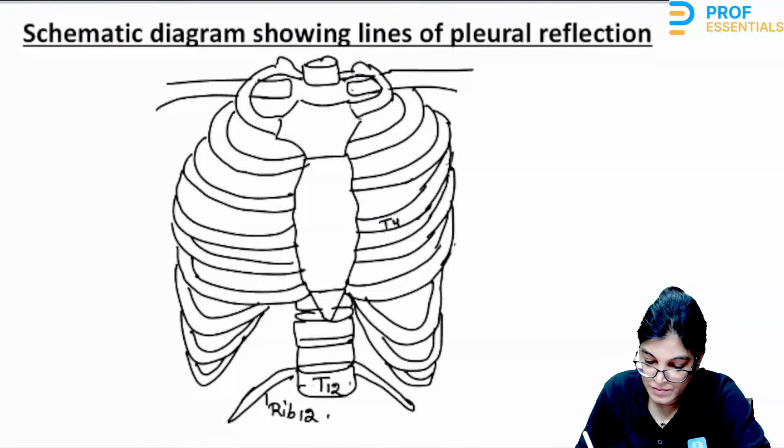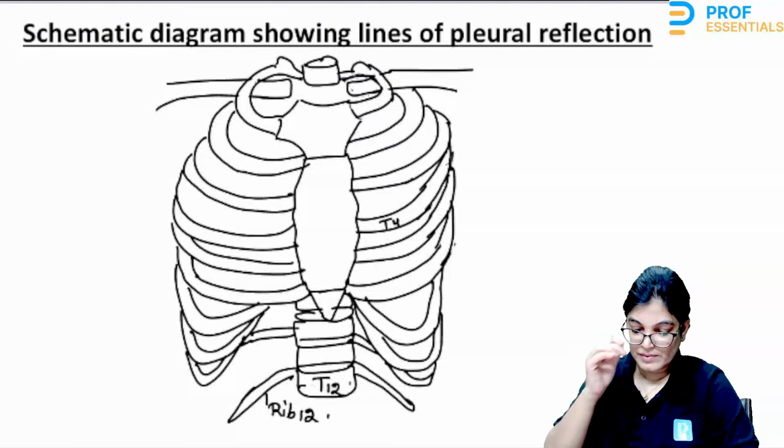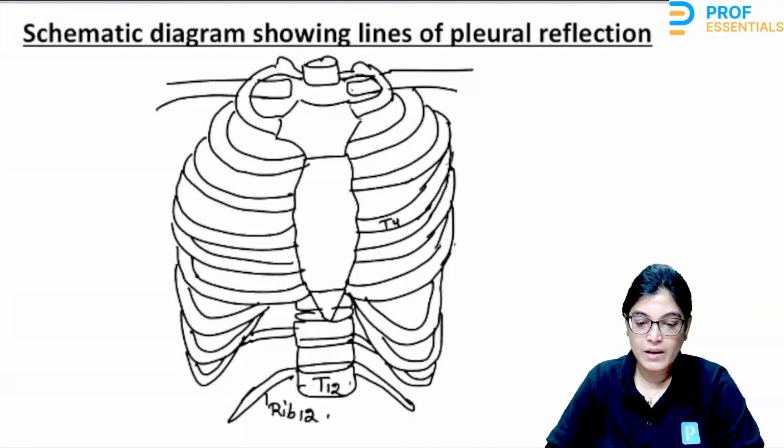Somewhere here will be rib 11, also going arching. Got it?